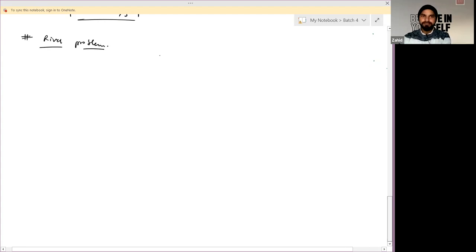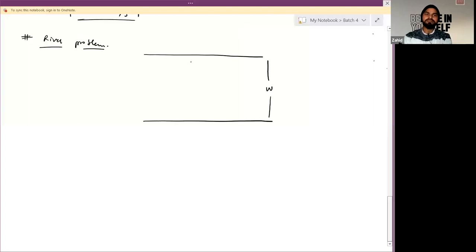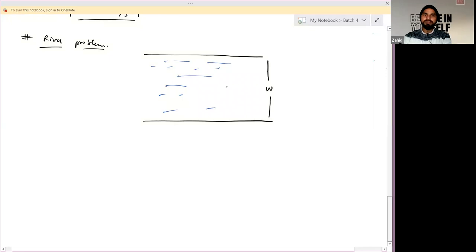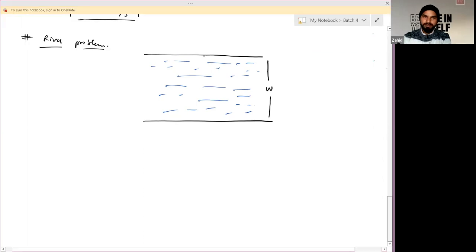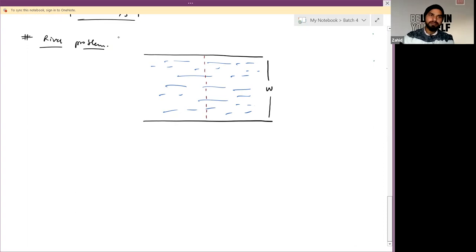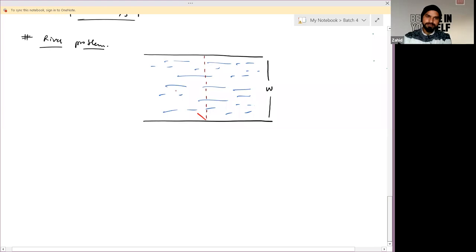Suppose there is a river having width W, in which velocity of flow of water is along east at some velocity U, and a swimmer dives normally, or let's say at some angle theta, into it along this direction with some velocity V.